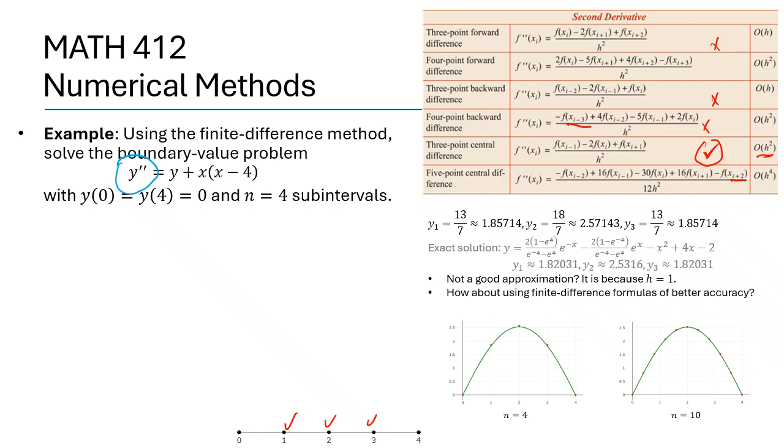So, we choose that formula, the 3-point central difference formula. We use that to replace y double prime.